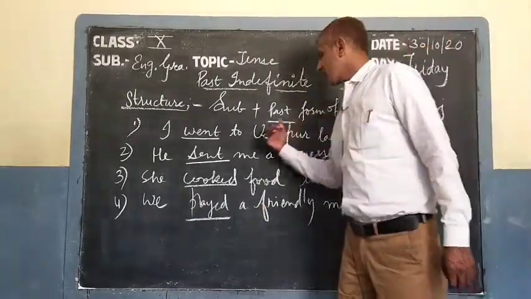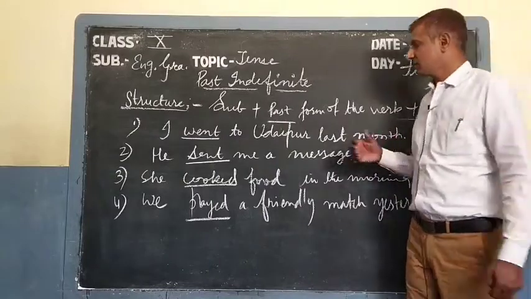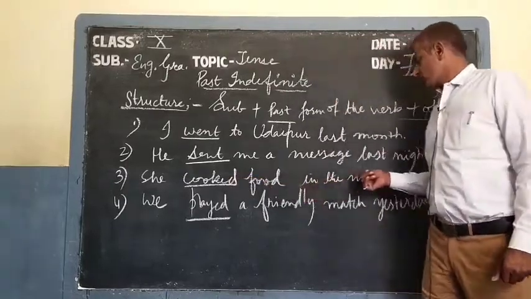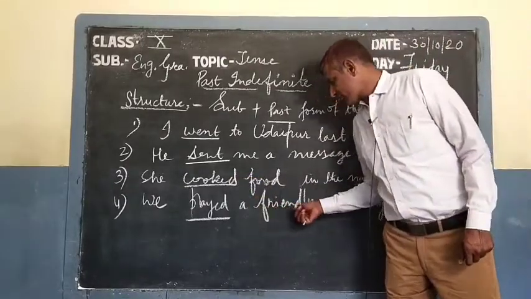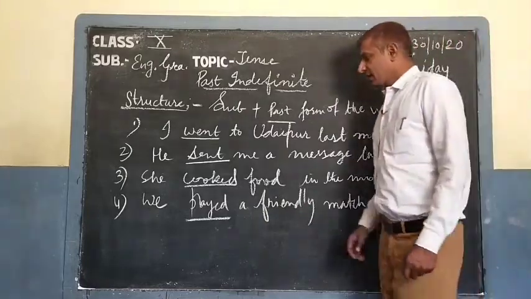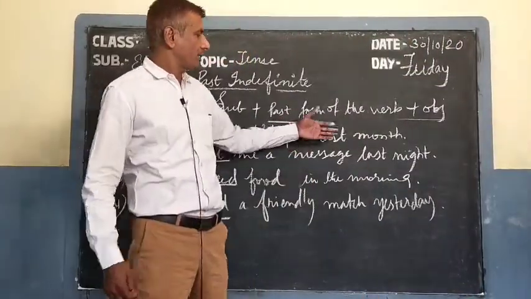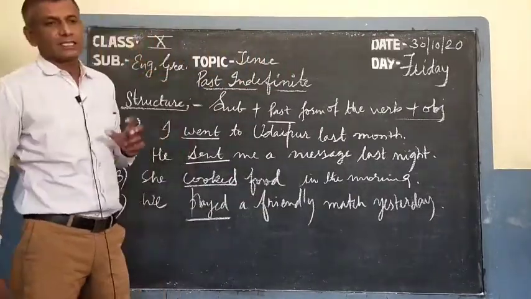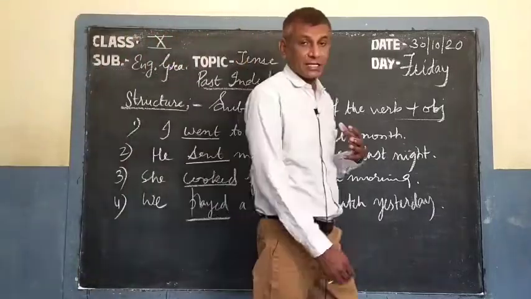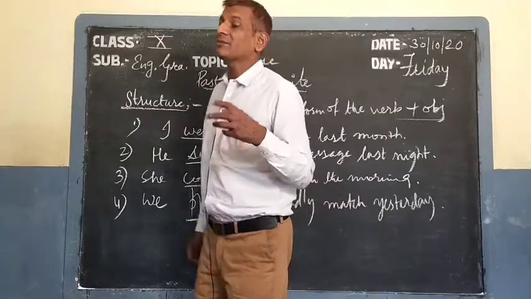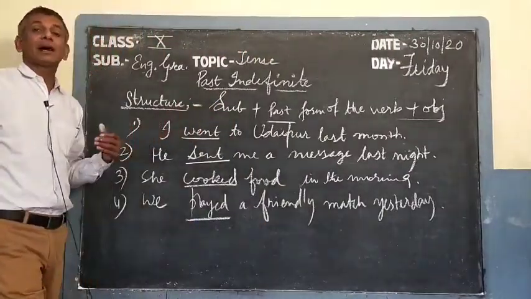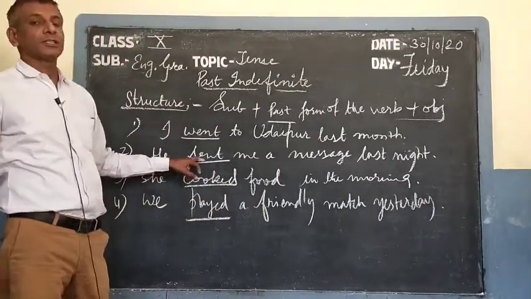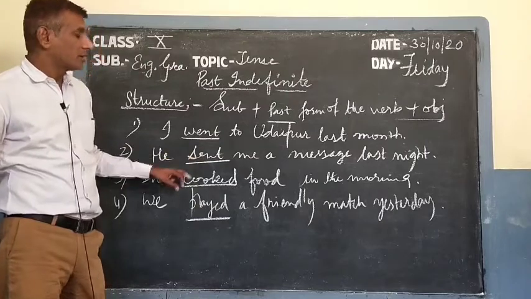I went to Udaipur last month. He sent me a message last night. She cooked food in the morning. We played a friendly match yesterday. It means here we may not use the time adverbs. When we say I went to Udaipur, the sentence is obviously of past. He sent me a message, it means past.